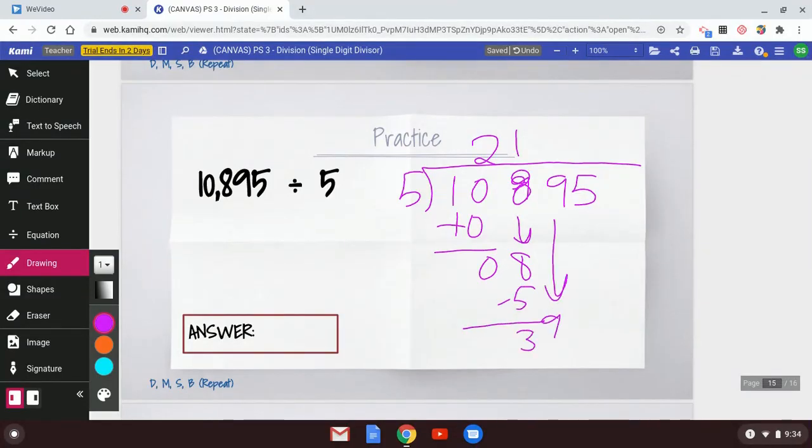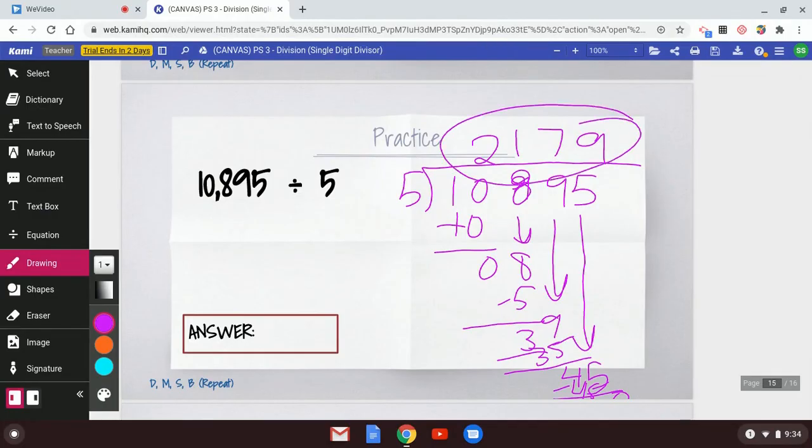Bring down that 9. 5 goes into 39 7 times. 4 left. 5 goes into 45 9 times. And I have a 0 there. So this is my quotient, 2,179. If you got that right, I want you to put your hands in the air and give yourself a whoop whoop. 1 2 3. Whoop whoop.